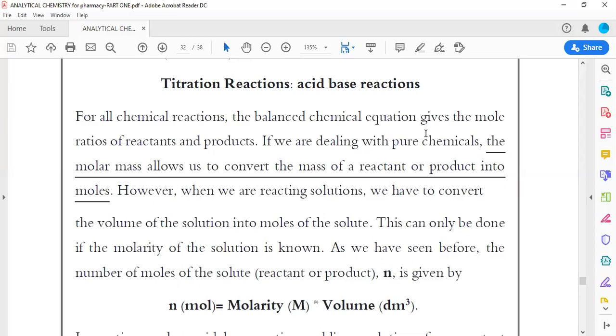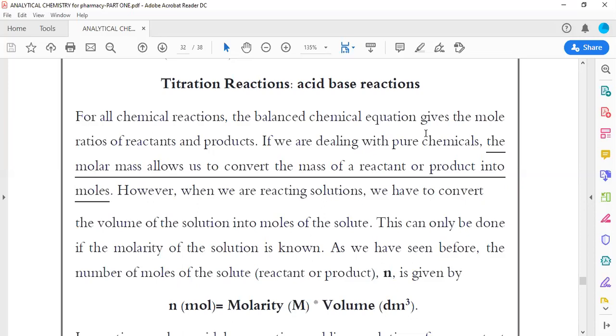But in general, it's not necessary that acid gives hydrogen ion and base gives hydroxide ion. There are different types of acids and different types of bases, and this is not our topic for today.